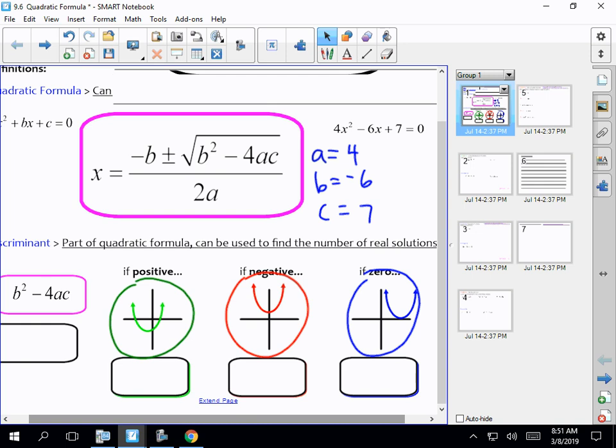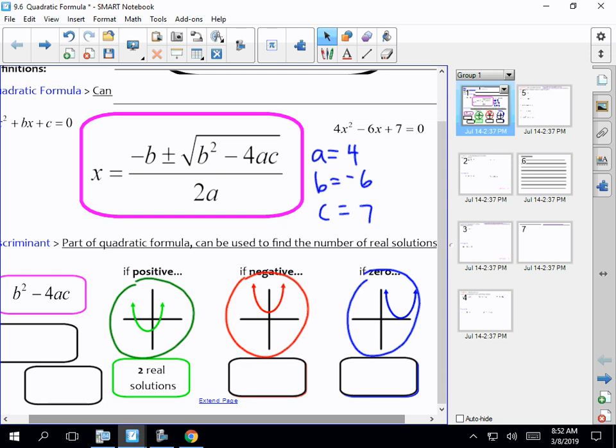Rather than drawing the graph, you can tell how many real solutions a quadratic equation has by just plugging in a, b, and c to that part of the quadratic formula. If you plug in this a, this b, this c here, and you get a positive number, there are 2 real solutions.